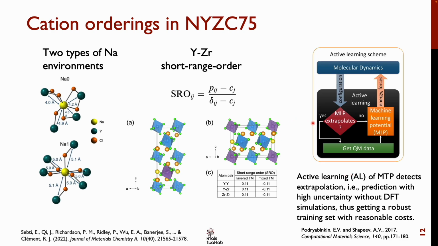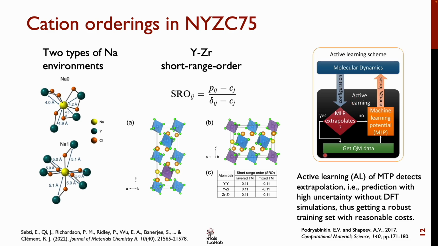To be specific, we perform molecular dynamics on the simulation scenarios of interest, and we use the extrapolation grade to evaluate if the moment tensor potential has extrapolation on each of the MD snapshots. And if there is extrapolation detected, we will perform DFT static calculations to get accurate energy and forces for that structure and augment the training set with that new data. If no extrapolation is detected, then we continue the molecular dynamics simulation.